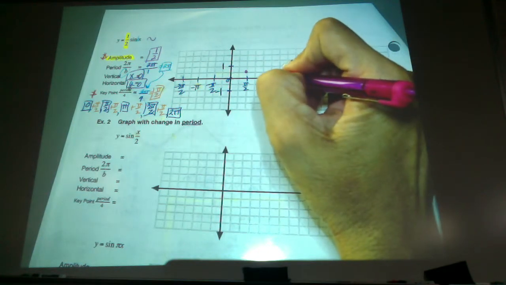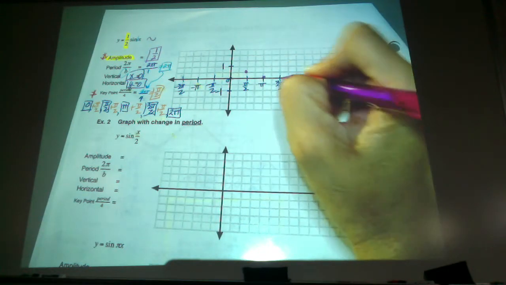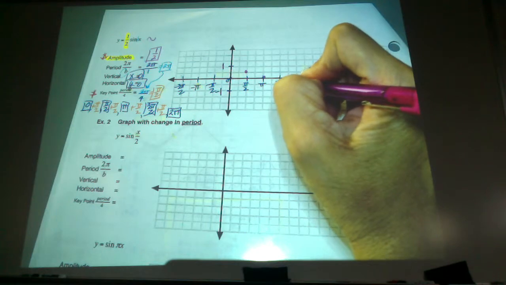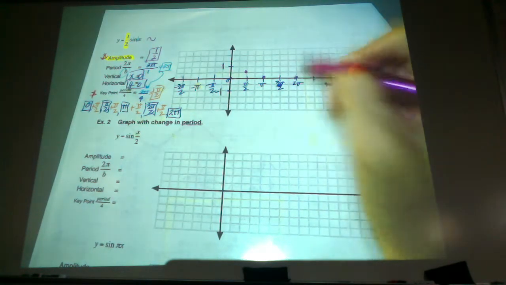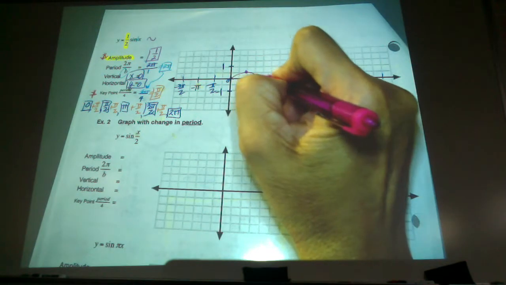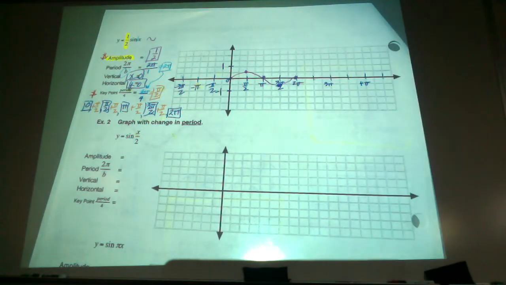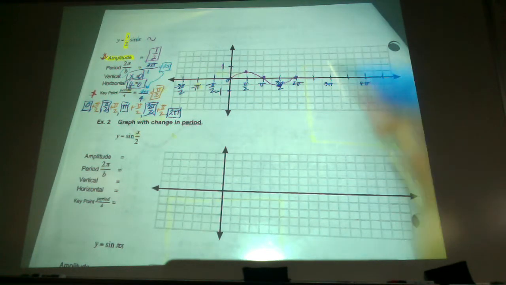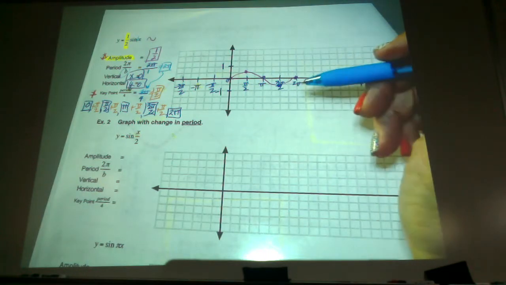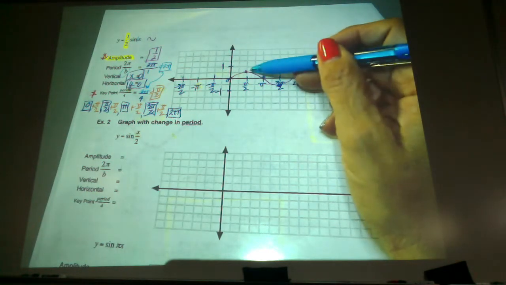Next key point is back to 0. Next key point this time is down, but only to negative a half. Next key point is 0. That finishes one full period. And as you can see, it's shorter than the last one. And then you're going to finish that pattern once you look at it and go, yep, that's a sine curve. My amplitude is a half.